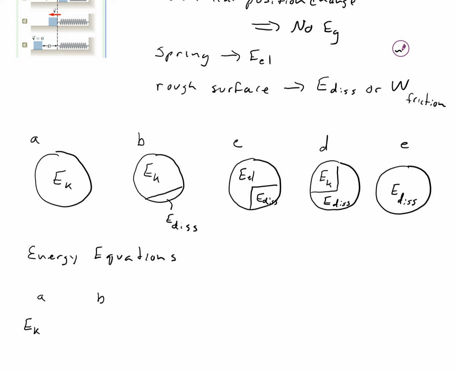For B, we have kinetic plus dissipated. For C, we have elastic plus dissipated. For D, we have kinetic plus dissipated. And for E, we have dissipated.